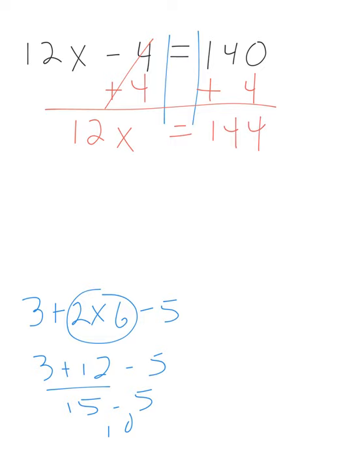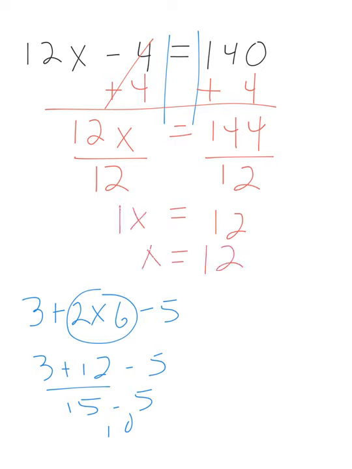Now remember, we're trying to solve for x, not 12x, so we're not quite done. This is a multiplication problem, and you would solve it by the inverse, which is dividing both sides by 12, because 12 divided by 12 is 1. 1x is the same thing as x, and your answer here would be x equals 12.